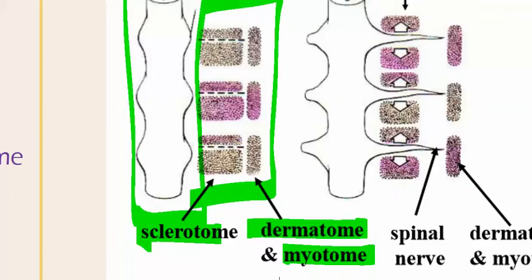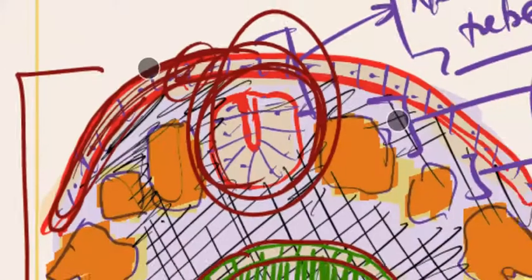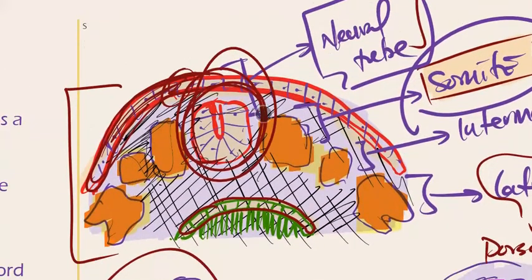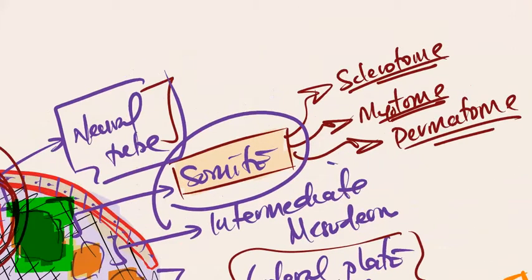When you have your neural tube, the one that's immediately next to it is the paraxial? Exactly, that's right. That's exactly what we see here. This is the neural tube right here. Immediately adjacent to it is your somite, which is your paraxial mesoderm, and there are three components to it, right?